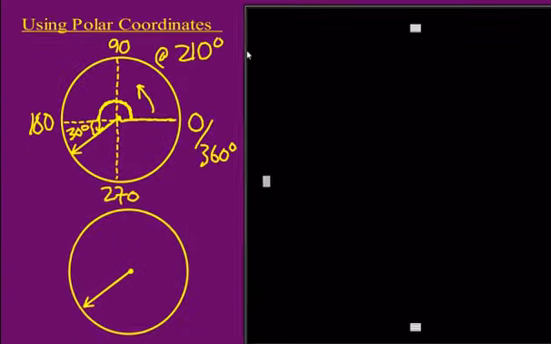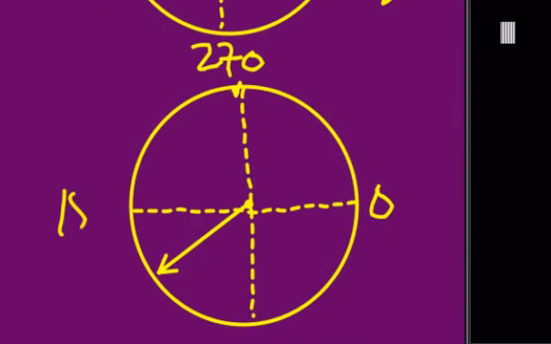Okay, that's one way to say the direction of this vector. Now, another way to do the same vector, so I'm going to take the same vector again, but this time I'm going to go the opposite way. Again, I got 0. This is 90 here. I won't write it because it's in the way. 180, it's the same point there. But this time I'm going to go clockwise around until I hit it.